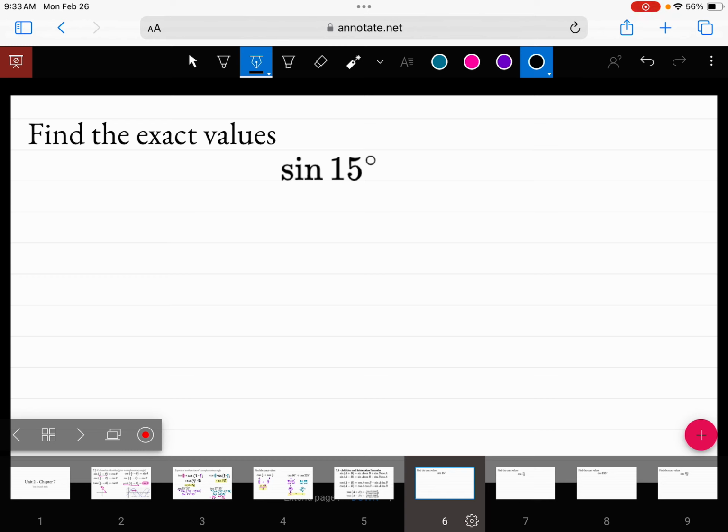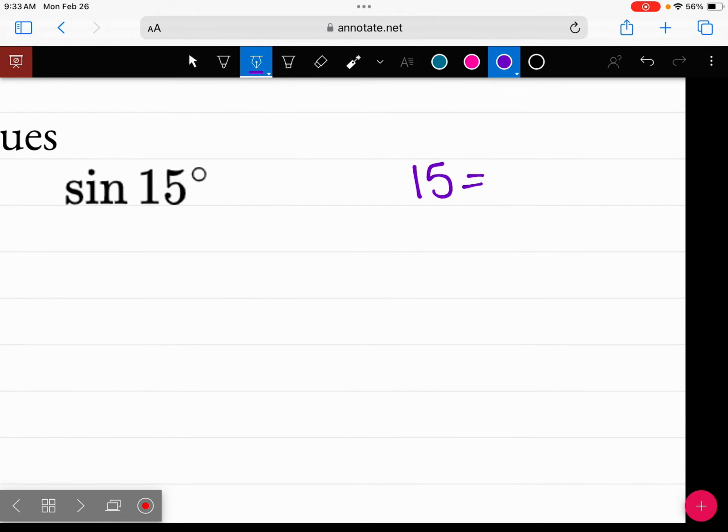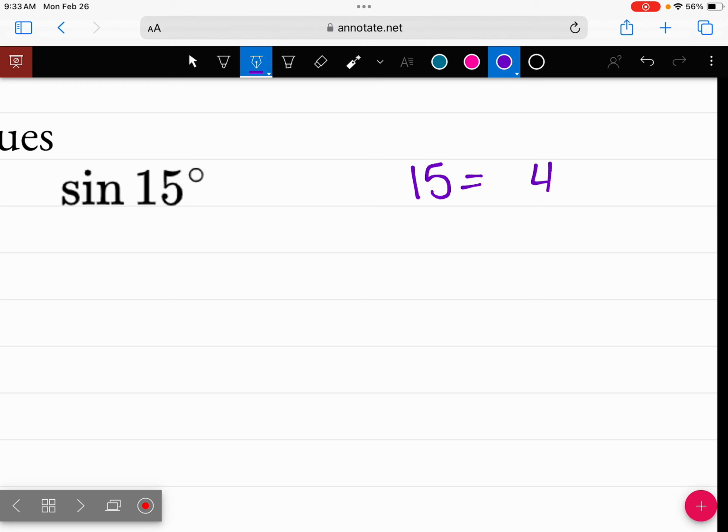I don't know the sine of 15 off the top of my head. However, we're going to write 15 in a different way, because we could rewrite 15 as 45 minus 30.